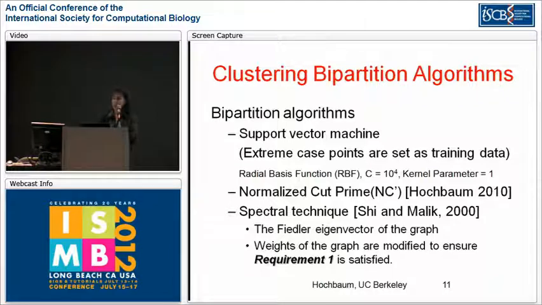Because of its popularity in this field, and actually beyond this field, there has been a lot of work done on this so-called spectral technique and analyzing the properties of the eigenvector.